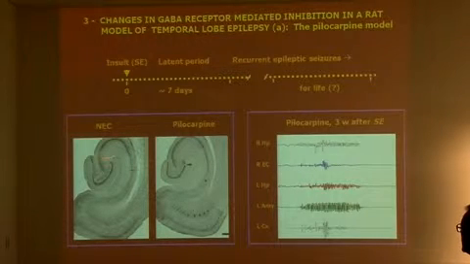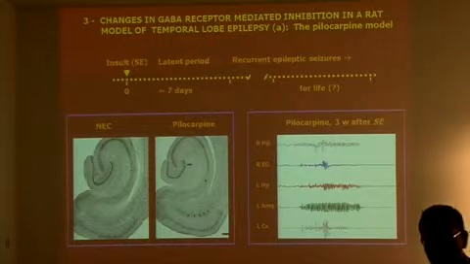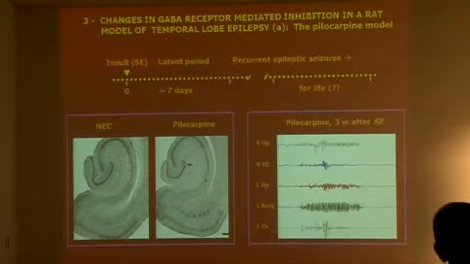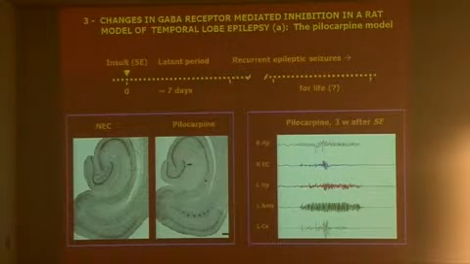But basically, the point is that you have to get this insult. And we also know that the insult in the human condition is the febrile seizure, the encephalitis, the kid who fell from the chair. Now, insult, and after a few years, we have a temporal lobe epilepsy patient who will walk through the main door of this clinic.